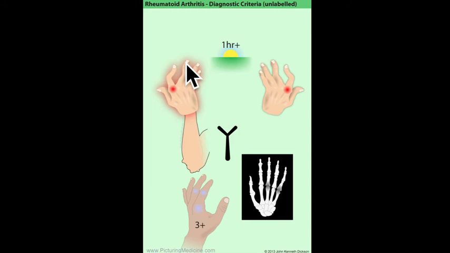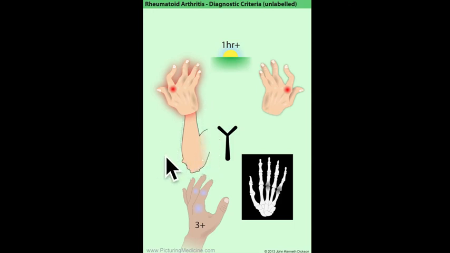Involvement of at least one swollen area in the wrist, in the hand, or in the finger joints. So there has to be some involvement of the wrist, hand, or finger joints to tick one criteria. Symmetric arthritis involving the same joint on both sides of the body. Illustrated there, that's a criteria.